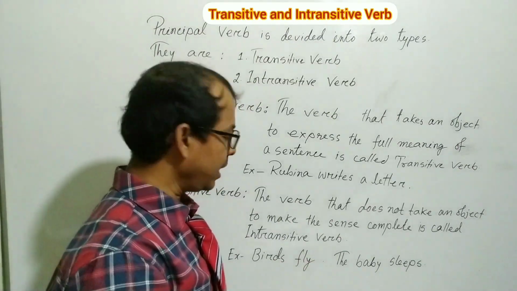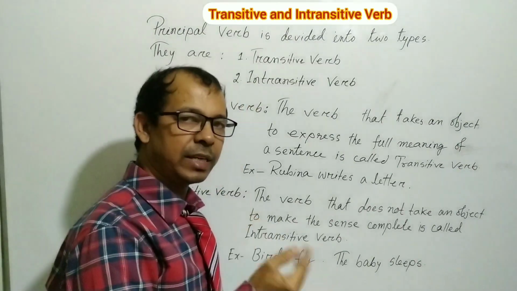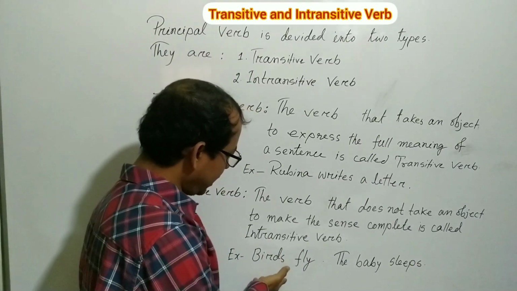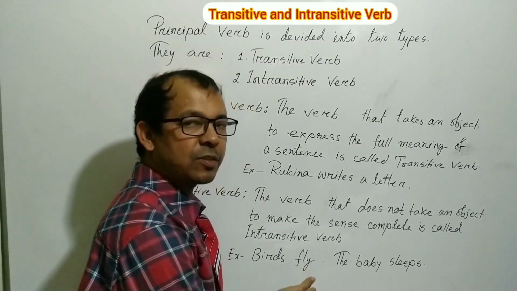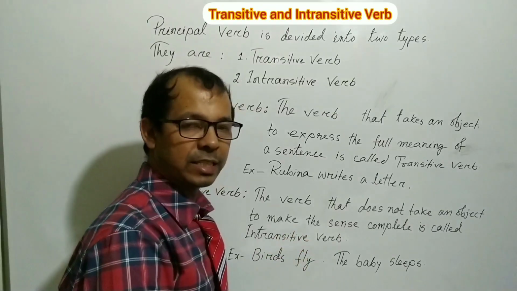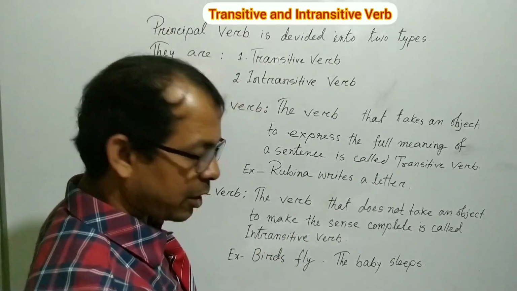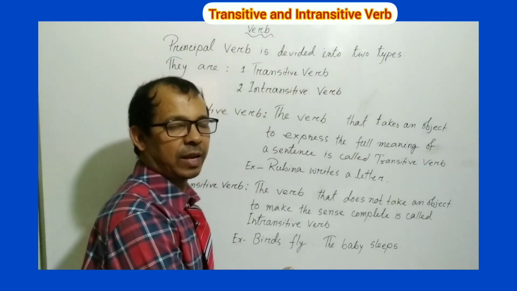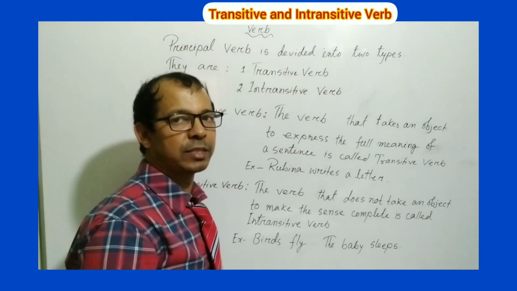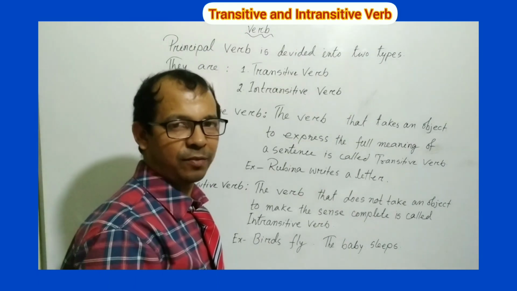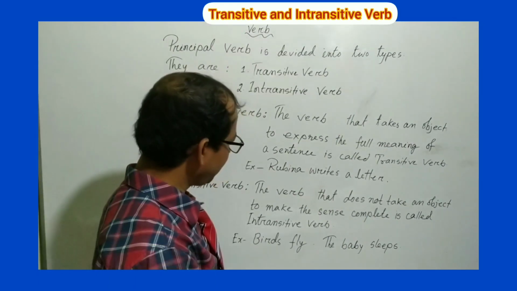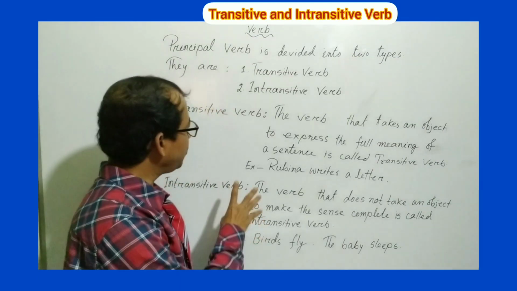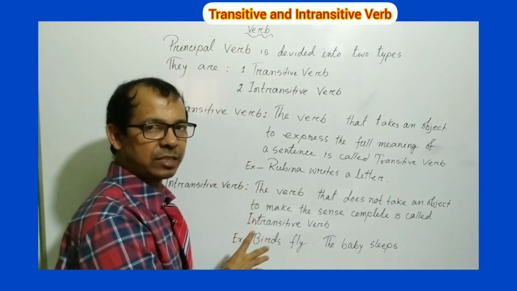Birds fly, fly is an intransitive verb, and if you make the question what does it fly, but here is already written birds fly, so you cannot make the question what does it fly. That's why you can understand the difference between the transitive and intransitive verb.